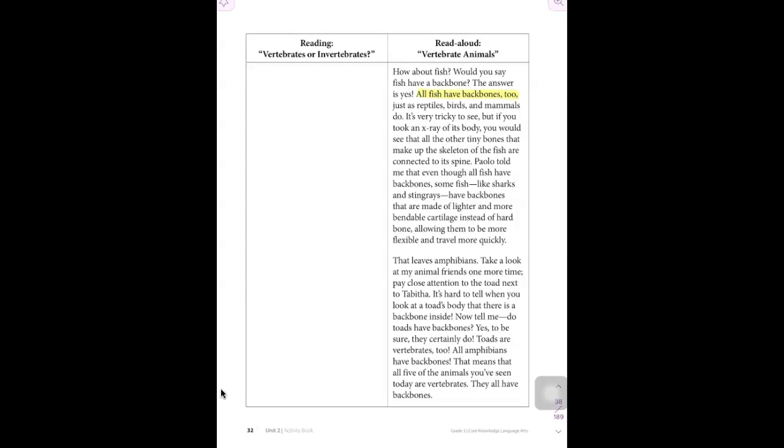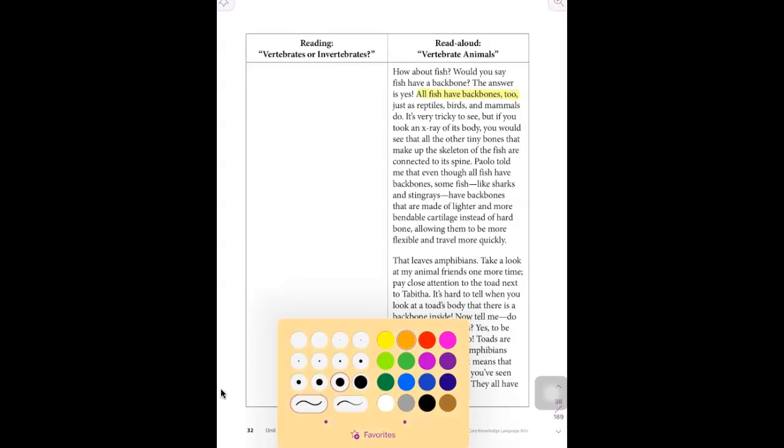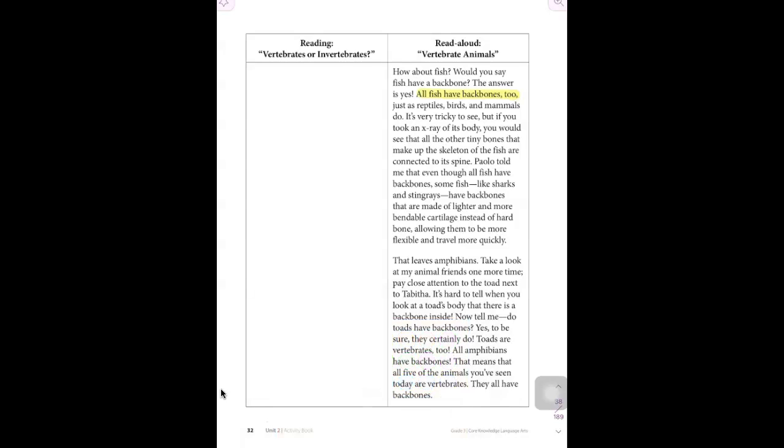Let's keep going. It's very tricky to see, but if you took an X-ray of its body, you would see that all the other tiny bones that make up the skeleton of the fish are connected to its spine. Now that is additional information about the fish that was not in the first reading.